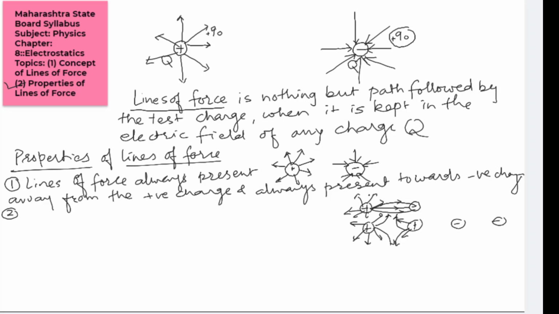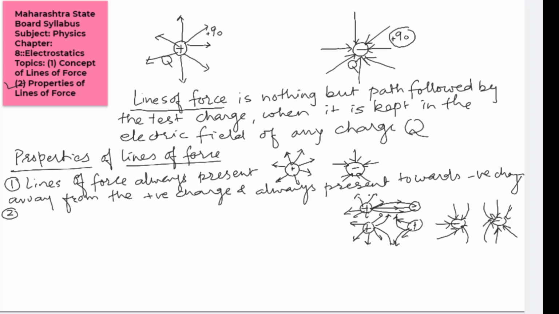Similarly, if the negative charges are there, they repel each other, since similar charges repel each other, so if we take the negative charges together, we represent all the lines of force in this manner.